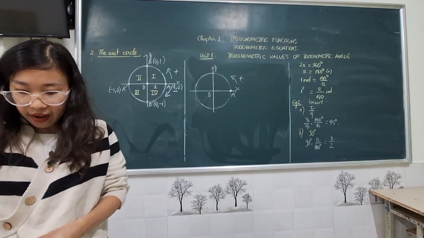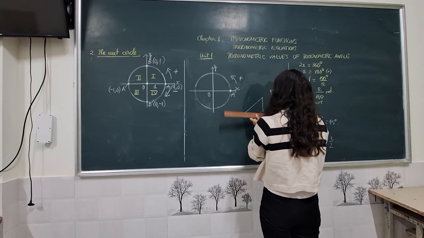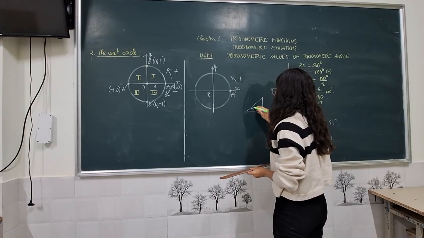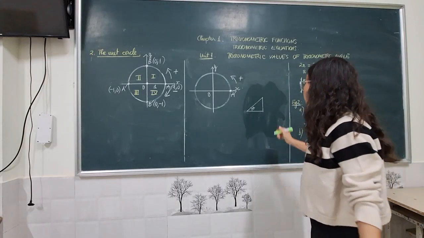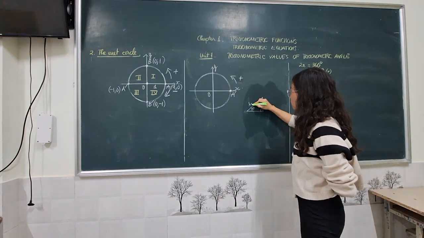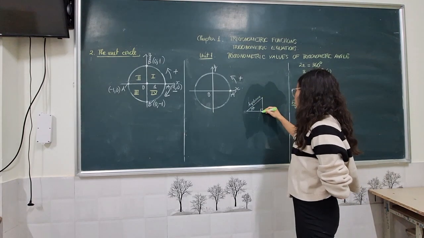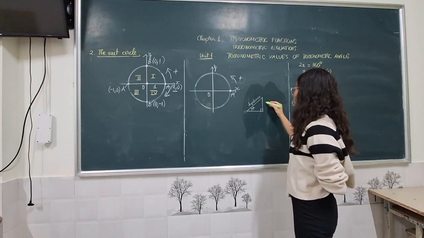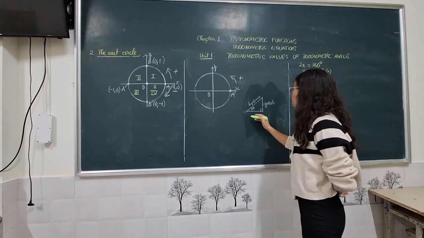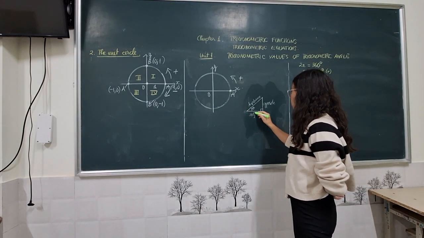Remember the right triangle, to remind you of the trigonometric values of the angle theta. In the right triangle, the side here is the hypotenuse. The side opposite the angle is the opposite side, and the side next to the angle is the adjacent.